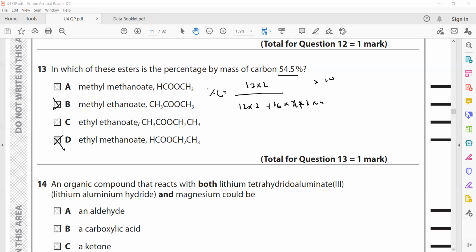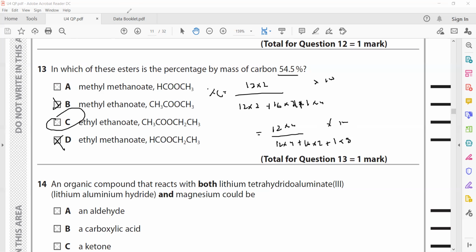And for ethyl ethanoate, there are 4 carbons, so 12 multiplied by 4 divided by 12 multiplied by 4 plus oxygen 16 multiplied by 2 plus hydrogen 1 multiplied by 8, into 100. So when you work it out, C will be the right answer.